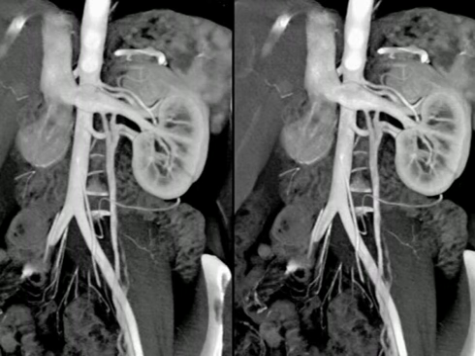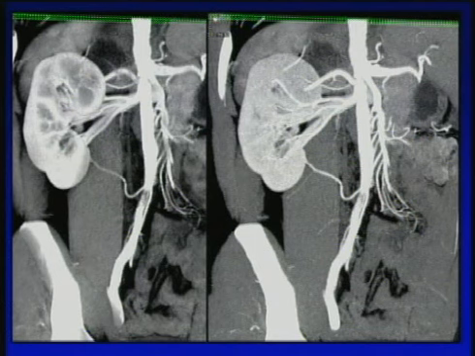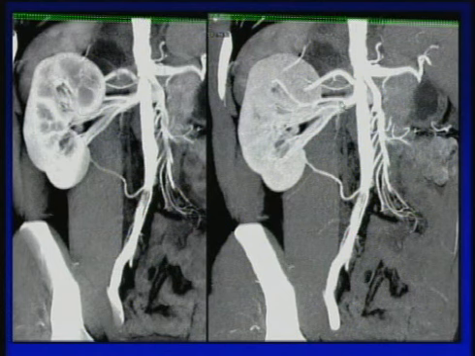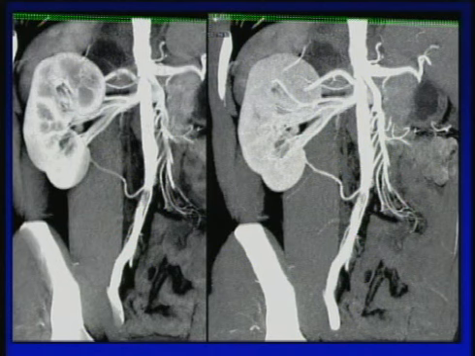Whether it's MIP or volume rendering, there's no difference in terms of detecting the number of renal arteries that are present. Again, particularly when it's complicated mapping, multiple renal arteries, prehilar branching, it's very obvious to recognize what's going on. 3 renal arteries and prehilar branching here on a 3D image, MIP and volume rendering, where if you were looking at the axial imaging, you might have significantly more difficulty.